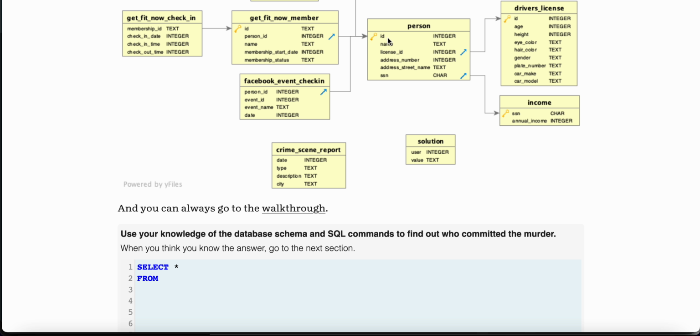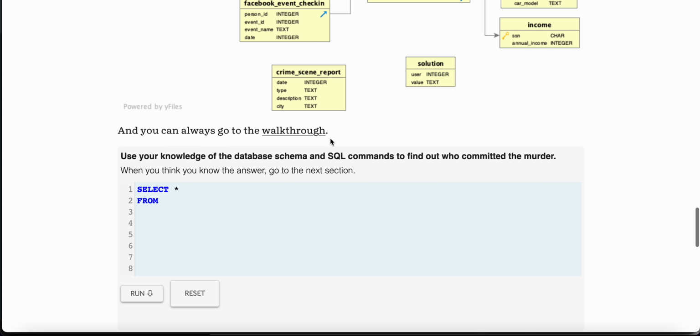Person, of course, is the person, so we have the name of the person, and we also have the address number, the street number that the person lives in.